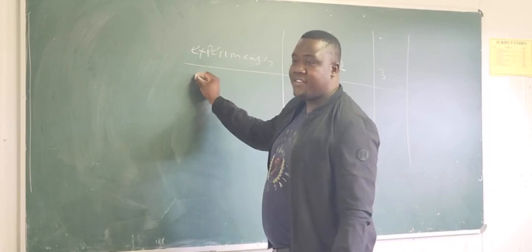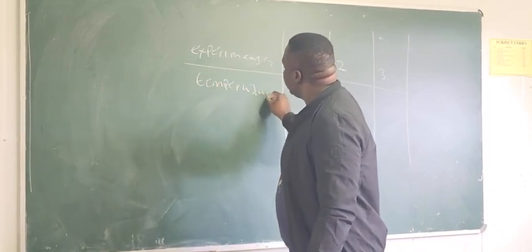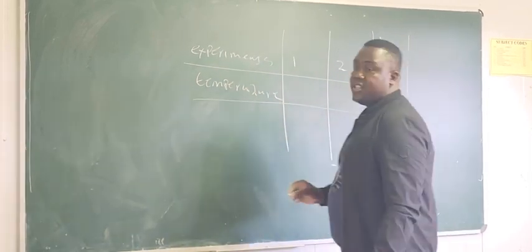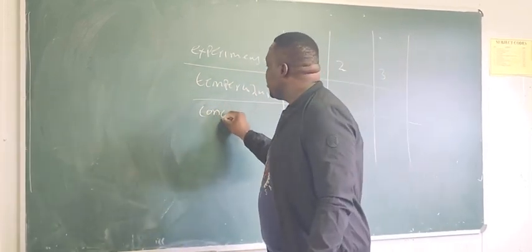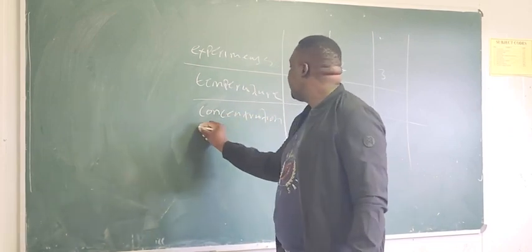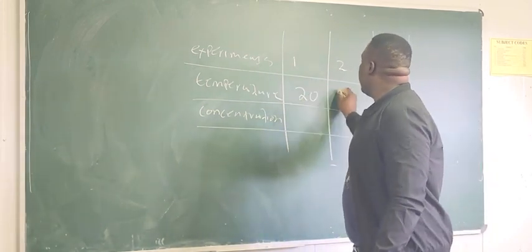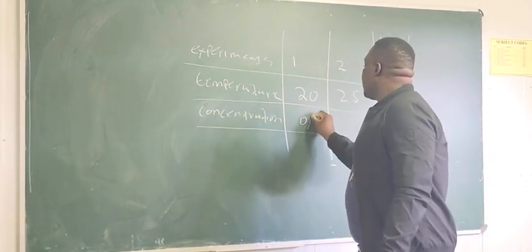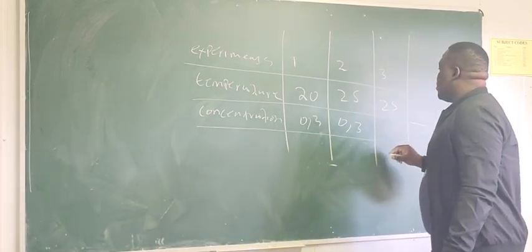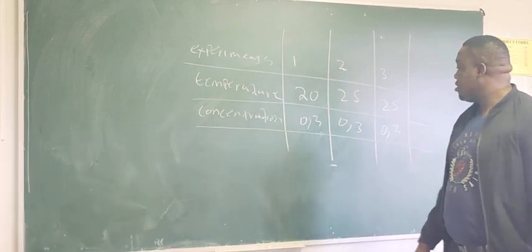Then we have temperature and concentration. Temperature 20, 25, 25, and concentration 0.3, 0.3, 0.3.